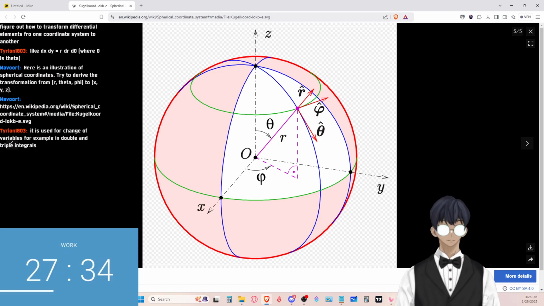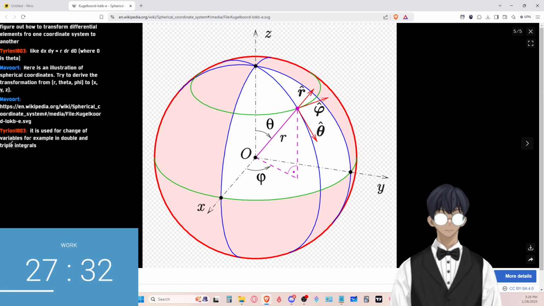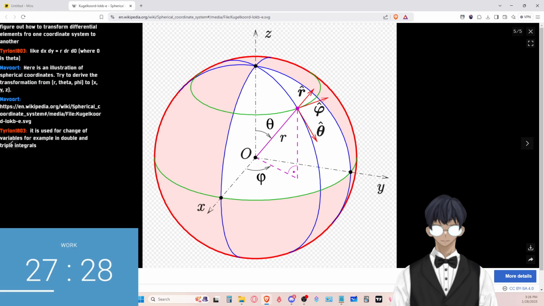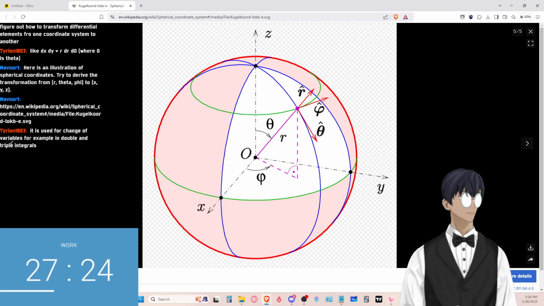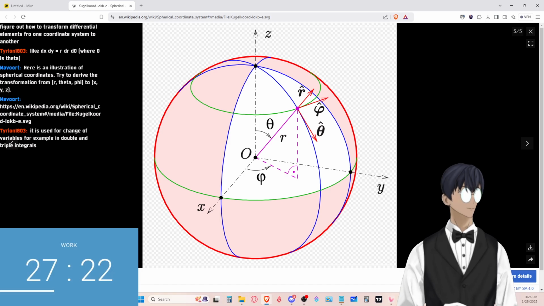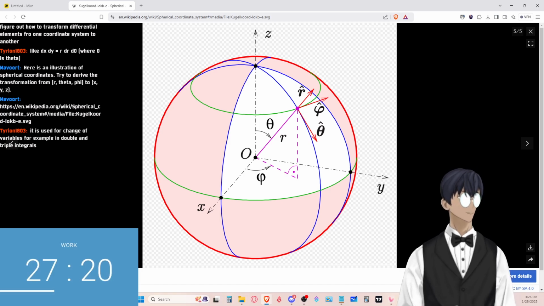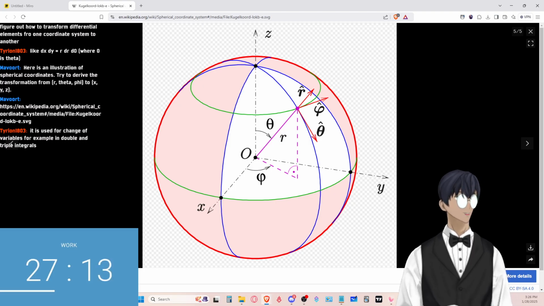Oh, okay, so it's using theta and phi the same way that I saw it in my book. It is used to change variables, for example in double or triple integrals. Oh, okay.